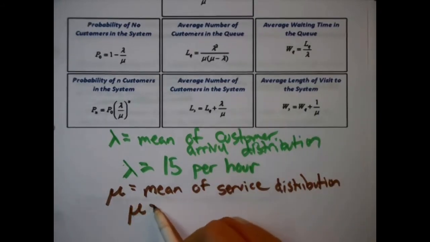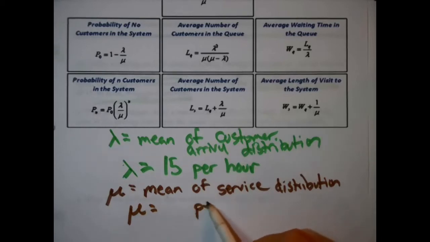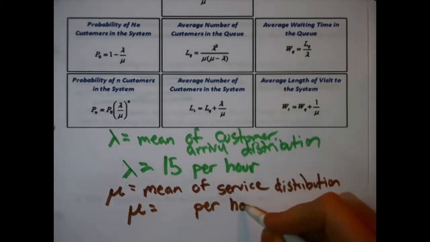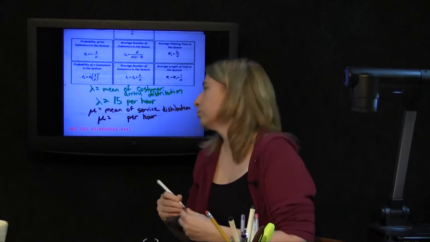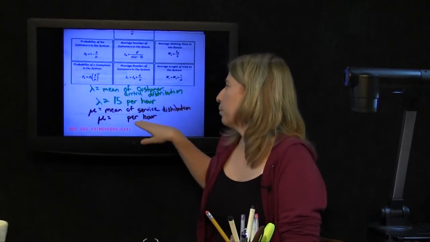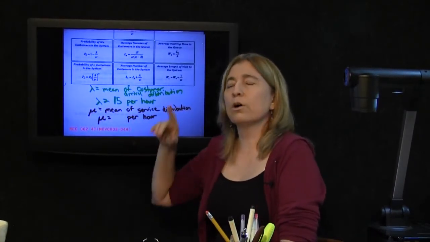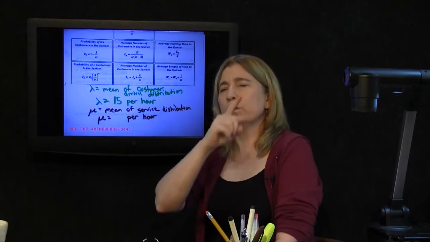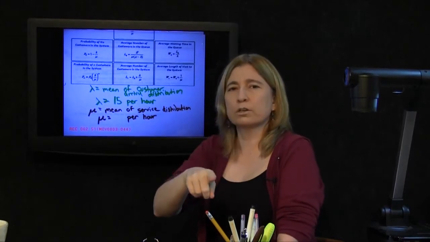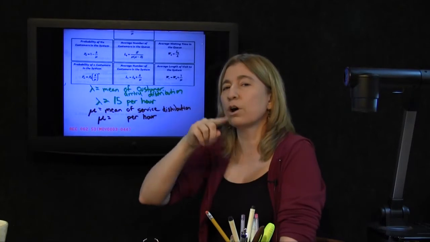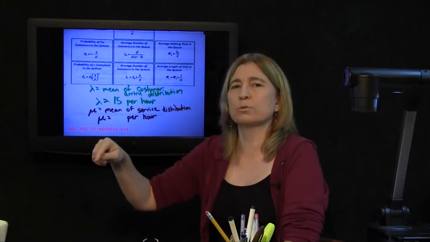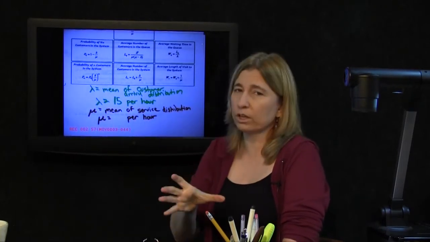And this is important: that means we need a number. You notice what I wrote? A blank per hour. This is a weigh station, so we need to know on average how many trucks can be weighed per hour. Mu is always the number of customers that can be served in a time interval. It's never a length of time.